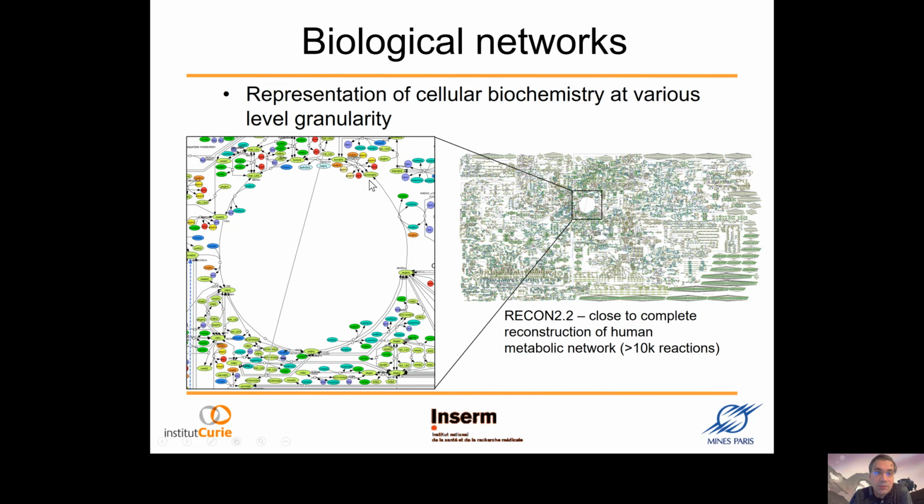So those metabolites which entered some reaction and exited from a reaction can enter into the next reactions, and in this way these reactions form chains, and all this makes this huge and complex graph, which is called metabolic network reconstruction.